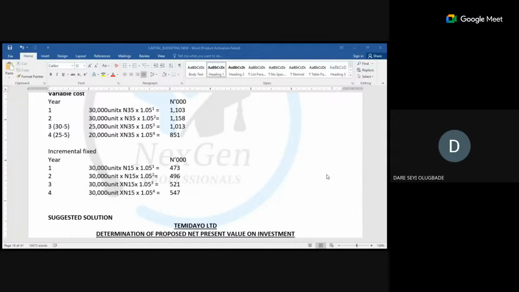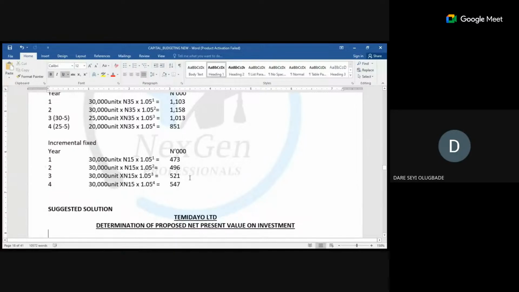I know for this question, the way it's structured, if we maintain 30, it might be right, because incremental, generally speaking in accounting, is an additional cost incurred because of a certain decision you took. So normally, incremental here means that this 15,000 naira is not part of the original fixed cost. They are based on the units produced.